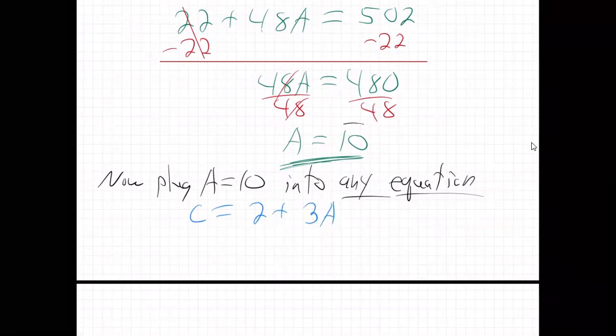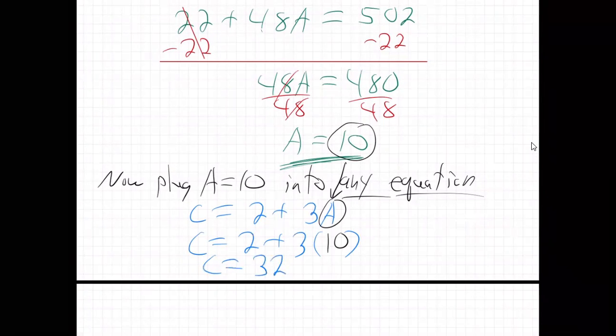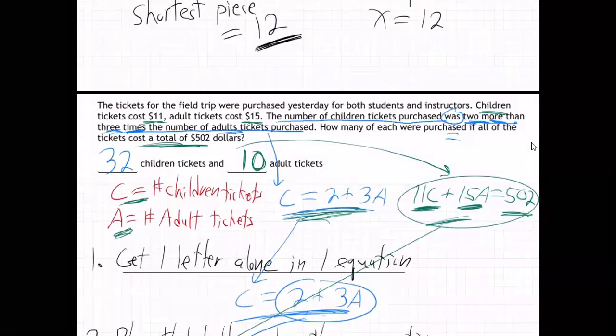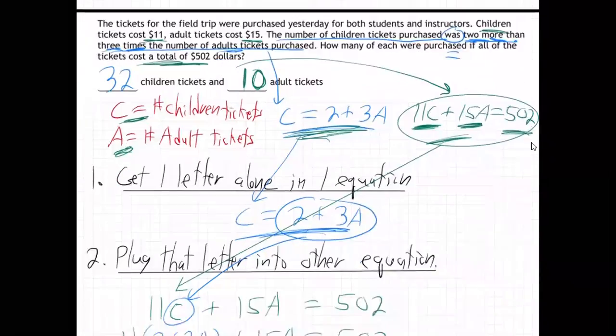And I'm going to plug in A is 10 right there for A. C is 2 plus 3 times 10. So C is 32. You add that up, 32. So the number of children's tickets is 32. The number of adult tickets is 10. Children is 32 tickets, adult is 10 tickets.